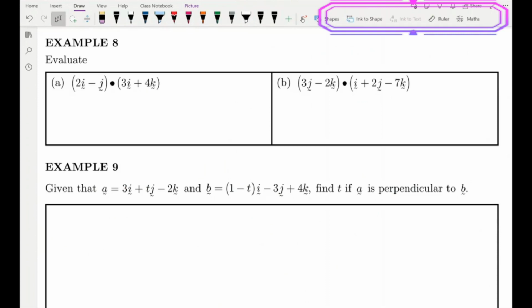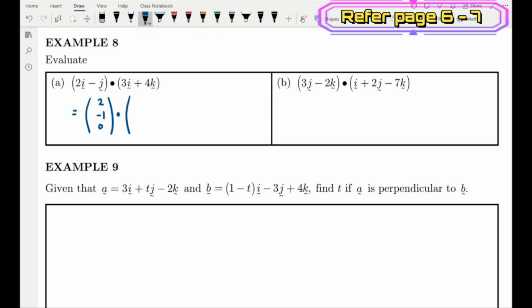Example 8. Evaluate A, 2i minus j, dot 3i plus 4k. So we rewrite it in matrix form. We have 2, negative 1, 0 dot 3, 0, 4.